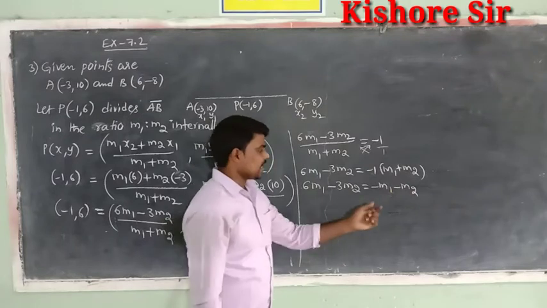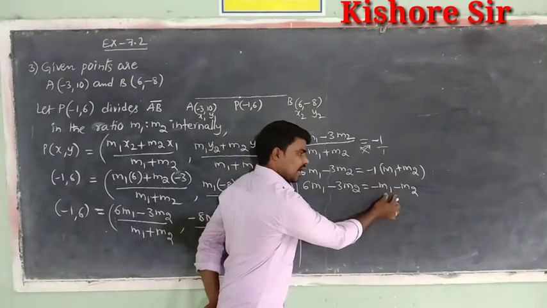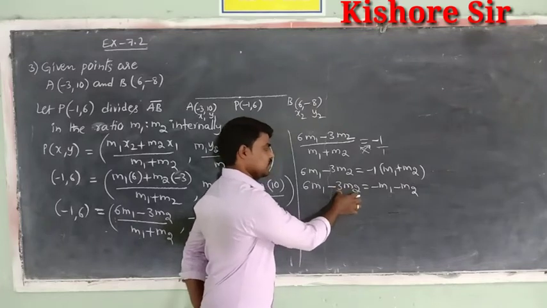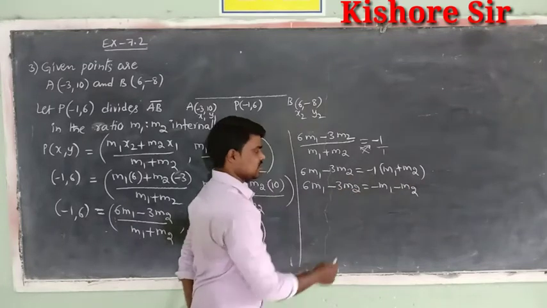Now transpose -m1 from RHS to LHS, and similarly transpose -3m2 from LHS to RHS.